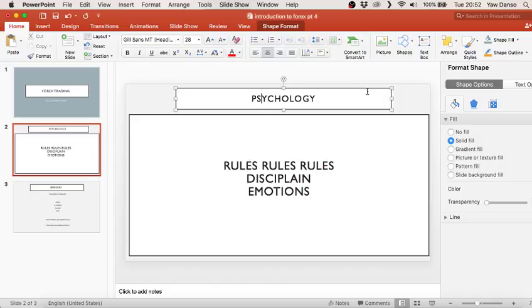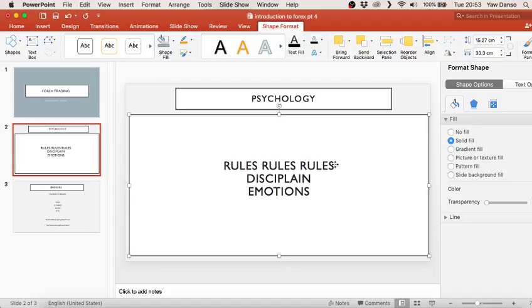So the first thing I'm going to talk about is rules. Everything about trading is rules. You have to have rules governing what you're doing.